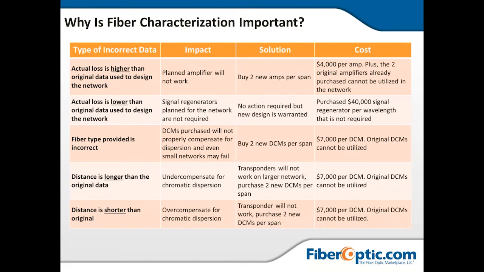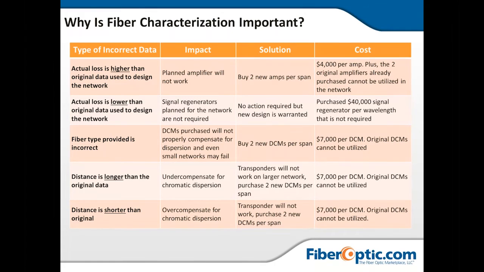If the actual loss is lower, if we had signal regenerators planned, they may not be required. We've already paid for them. We could have purchased $40,000 worth of regen gear that's not needed. And now it's sitting around being a doorstop and something to dust once a year.